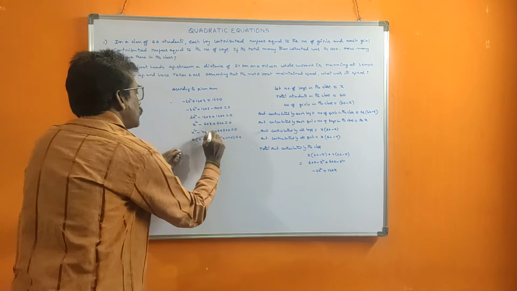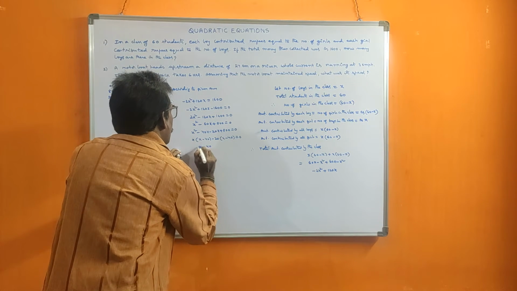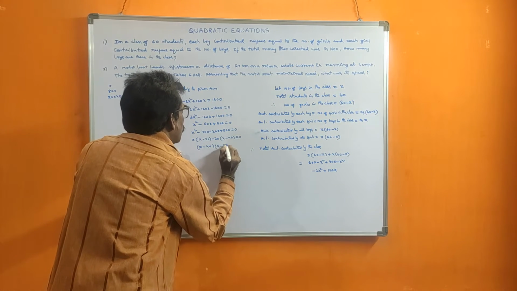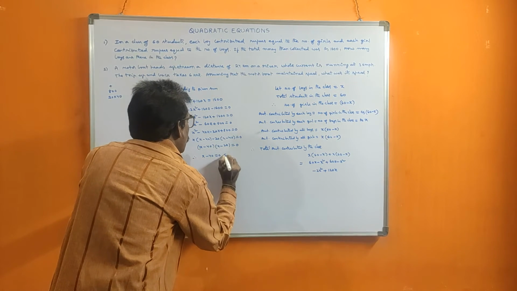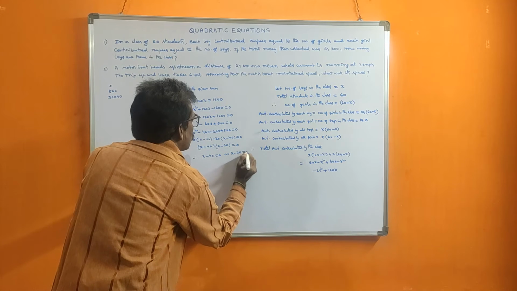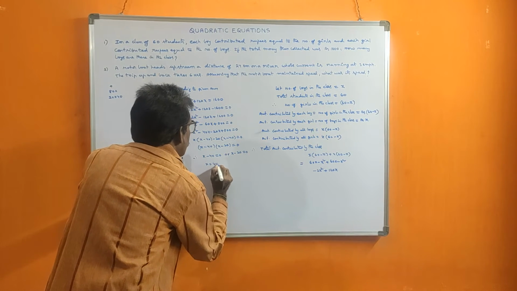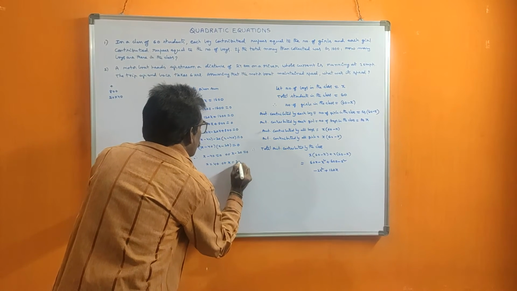Now x minus 40 common, x minus 20 is equal to 0. Therefore x minus 40 is equal to 0 or x minus 20 is equal to 0. So x is equal to 40 or x is equal to 20.